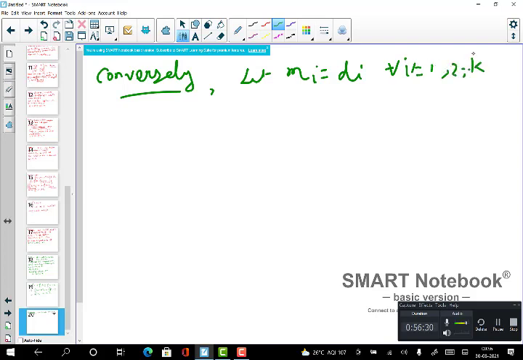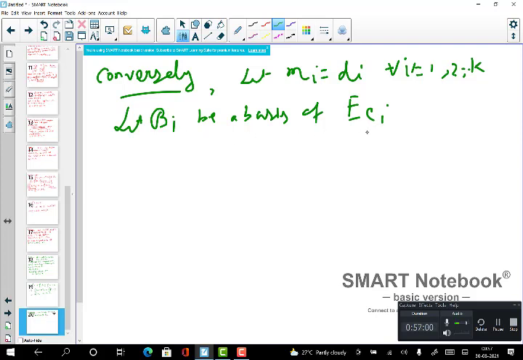Now if they are all the same, then what you can show is, for each i, you choose a basis. So let me write down: suppose Bi is a basis of E_Ci, the eigenspace corresponding to the eigenvalue Ci.